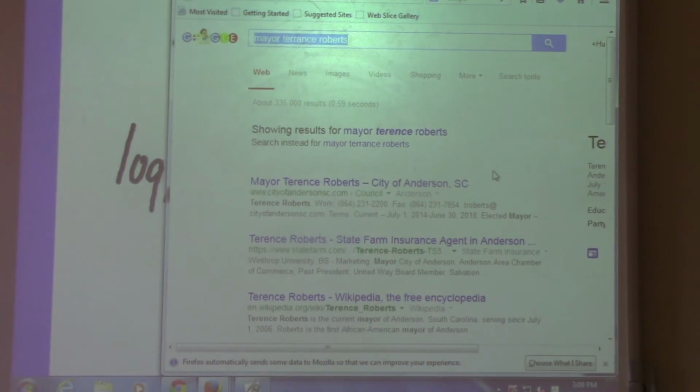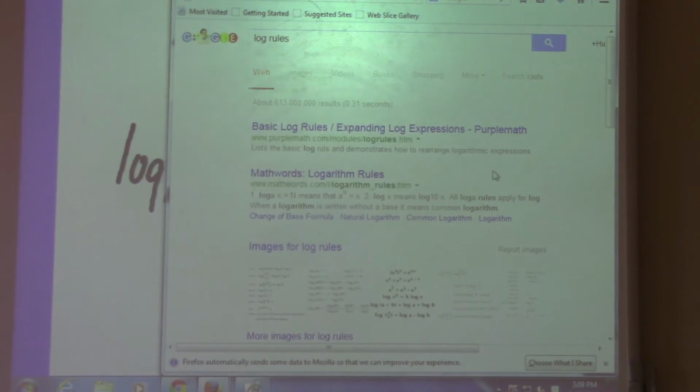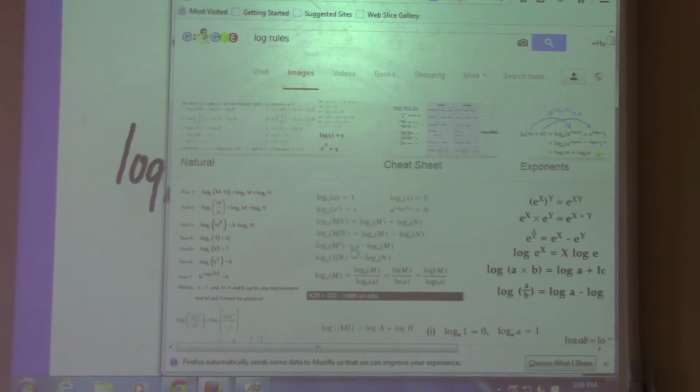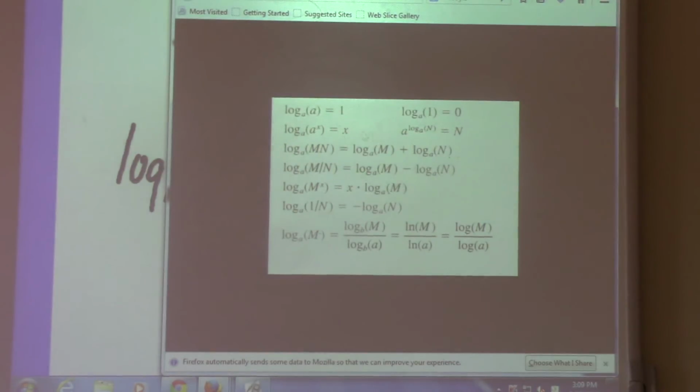Let's go to log rules. Basic log rules. There we go. That's the one I'm looking for.